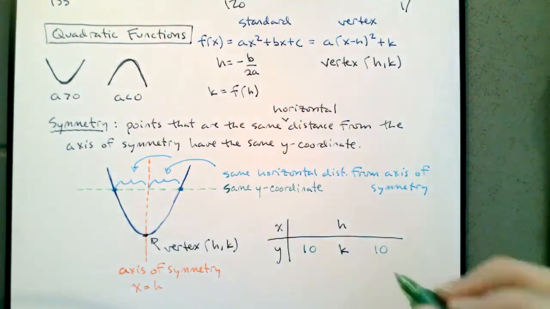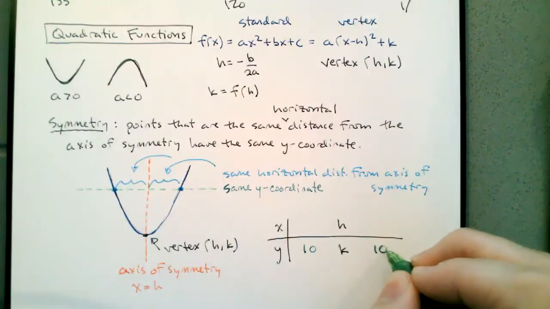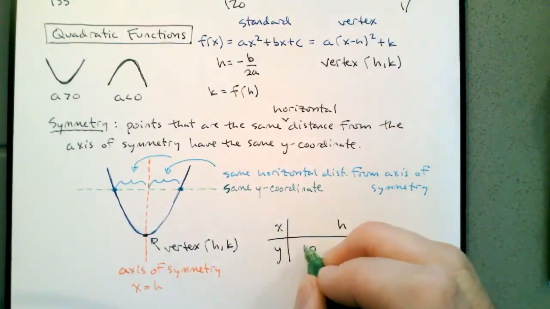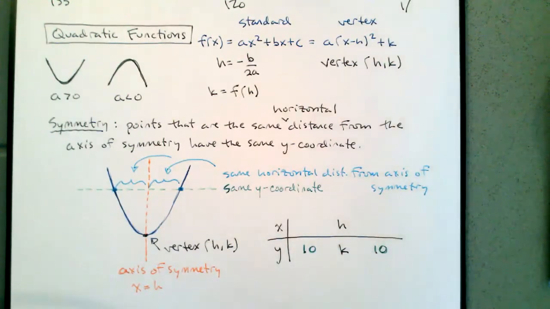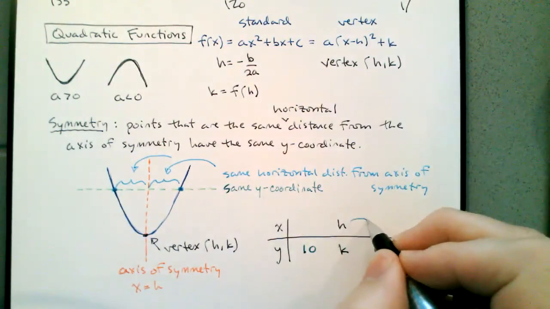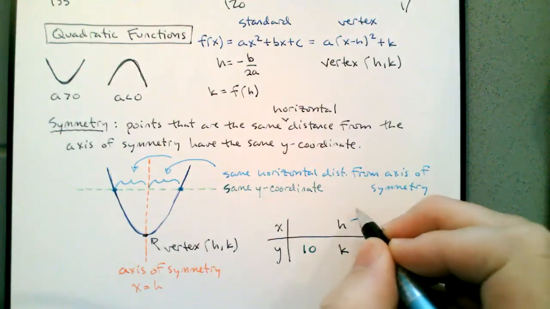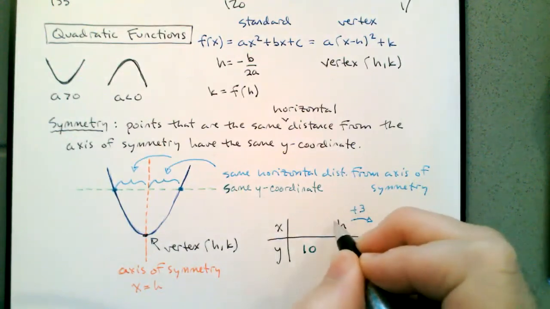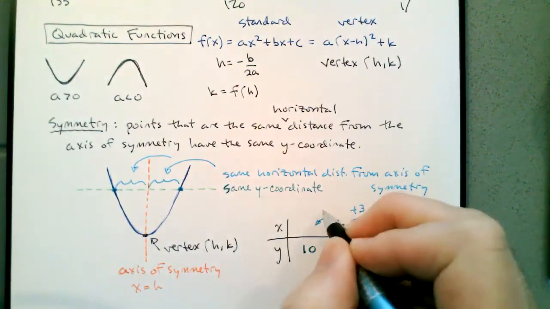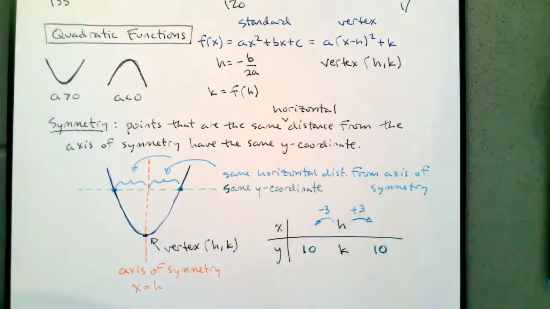So here we have the same y-coordinate of 10. They'll be evenly spaced about the axis of symmetry. So if this one is 3 units away, then the other one will be 3 units away in the other direction.